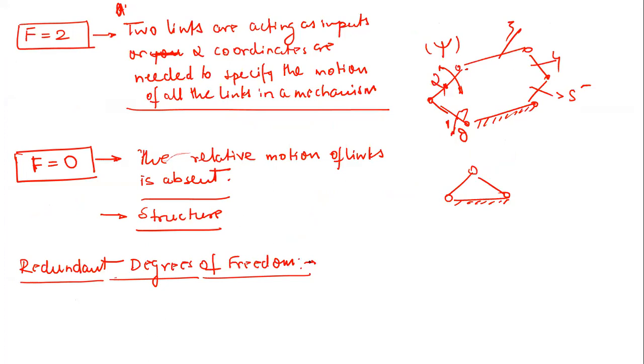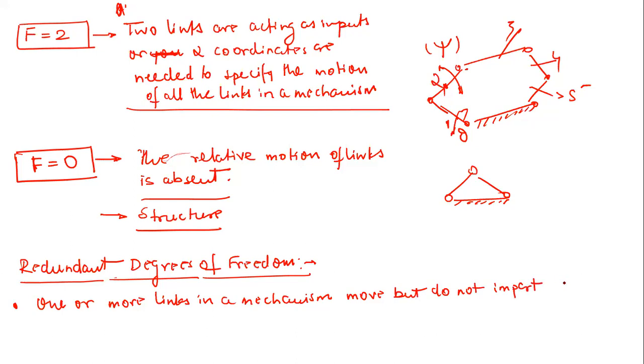See, redundant degrees of freedom: sometimes it happens that one or more links in a mechanism move but do not impart any motion to the remaining links, correct? So sometimes it happens in a mechanism.